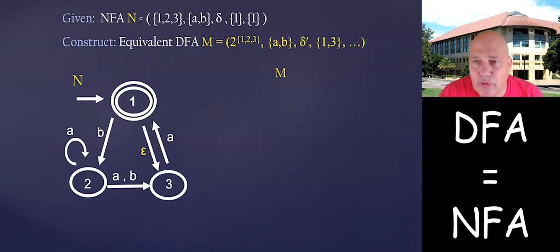And states we don't reach, we don't need to draw them, and we don't need to calculate what are the transitions. So the question is, what is the start state of M? It is the epsilon closure of the set of starting states of N. Now N has a single start state, so it's the epsilon closure of 1. Think for a second, what is the epsilon closure of 1?